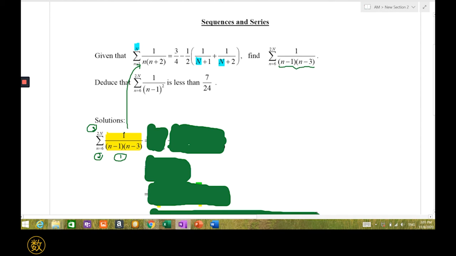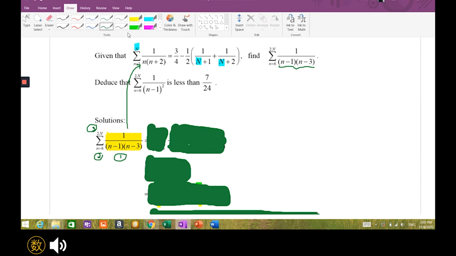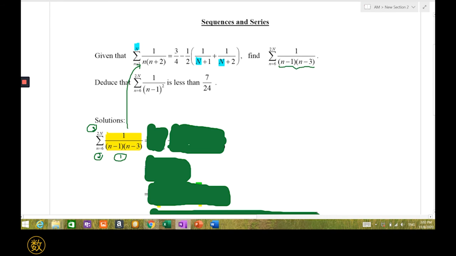So the first thing to do is to recognize that the one I highlighted in yellow, 1 over n minus 1 times n minus 3, is somewhat related to 1 over n times n plus 2. It seems like you just replace the n by n plus 1. But do take note that the corresponding terms are actually between n minus 1 and n plus 2.